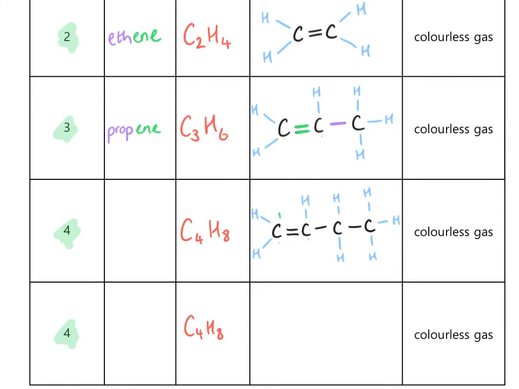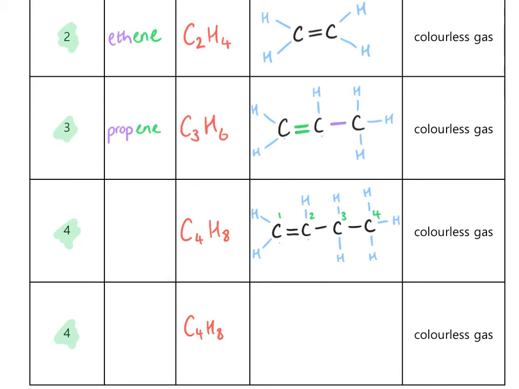We could number this 1, 2, 3, 4. Or we could also number it the other way, 1, 2, 3, 4. We could number it from right to left rather than left to right. But one of these ways is correct and one of these ways is incorrect. And numbering it right to left in this case is incorrect. And that's because you can see the functional group is here.